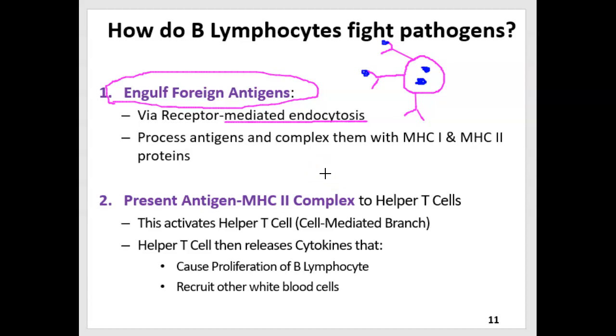And these molecules are abbreviated MHC1 and MHC2. So I'll draw an MHC molecule on the surface, and then the foreign antigen sits on the outside.